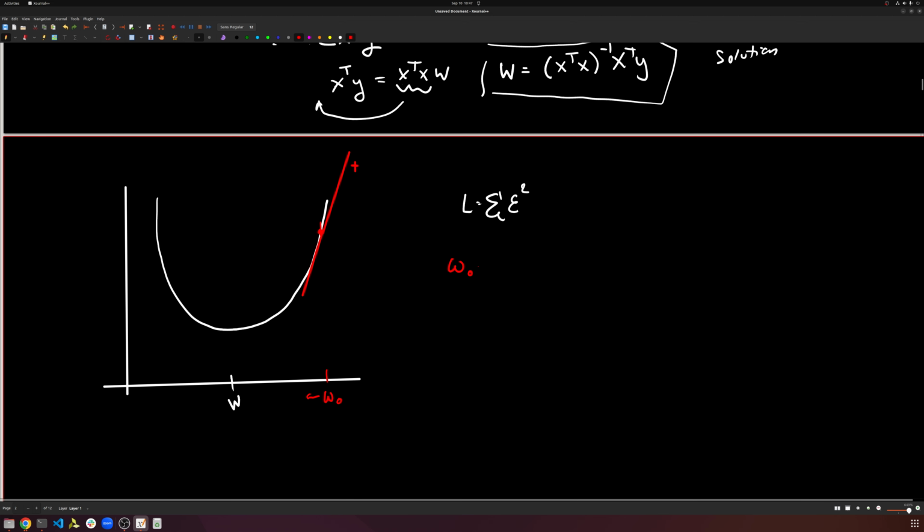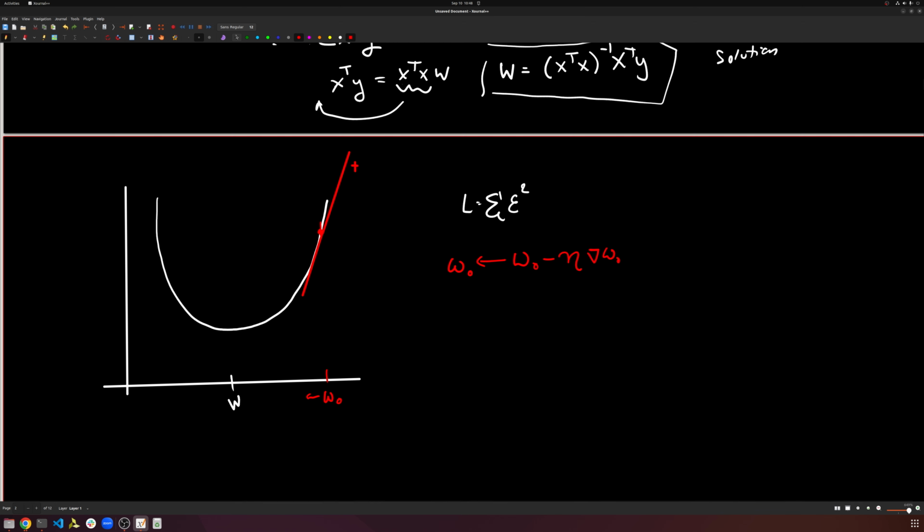That's the idea. So we're going to update W to be W0 minus, and I'll talk about what the learning rate is in just a bit, minus the derivative at W0. So why does that work? Let's go ahead and erase a little bit of this so it's clear.